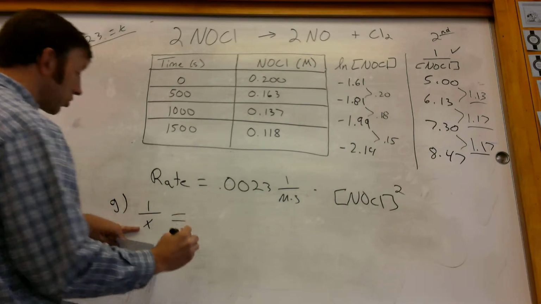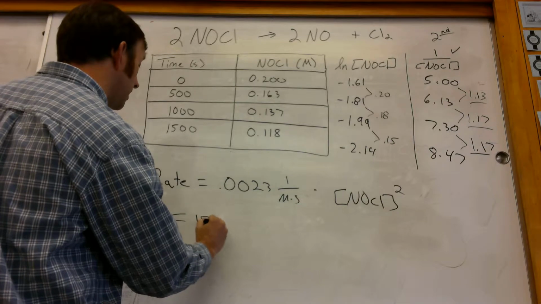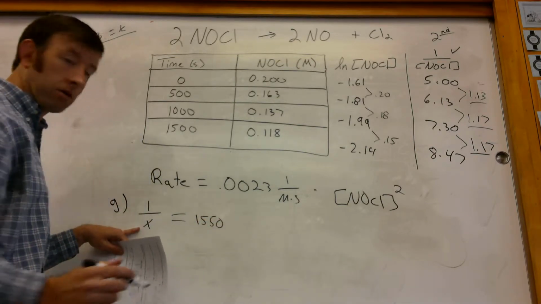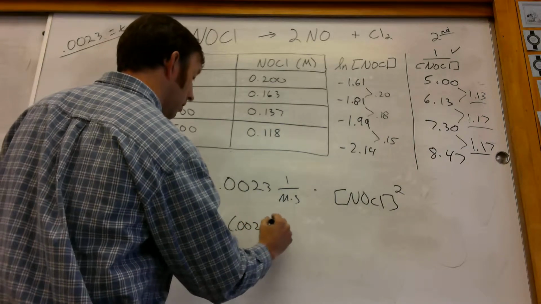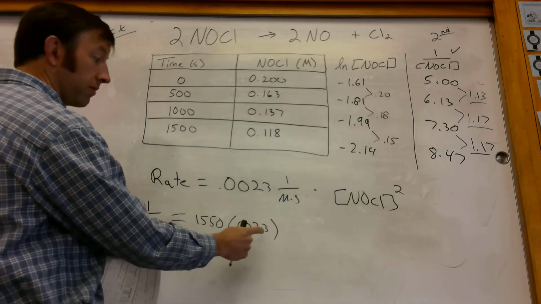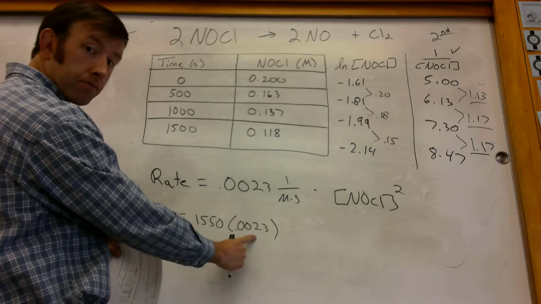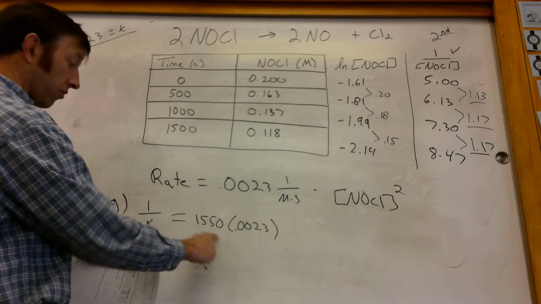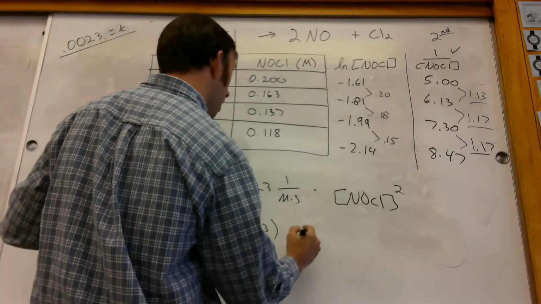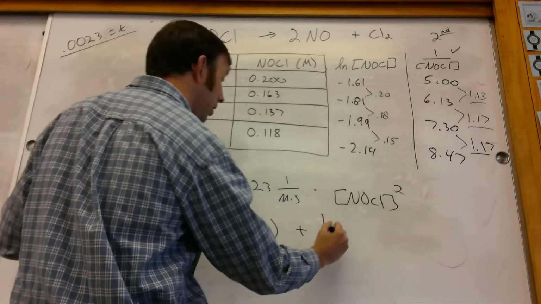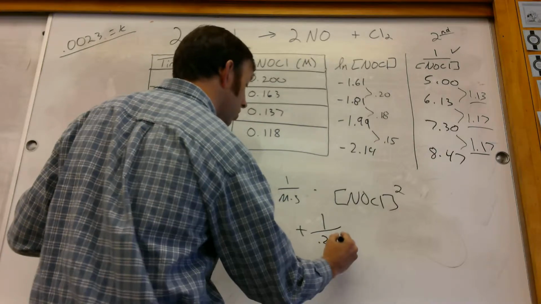It's going to be equal to 1,550 times 0.0023. So this is my time times my rate constant. I do know what time I'm looking for, I just don't know that molarity yet. Plus 1 over 0.200.